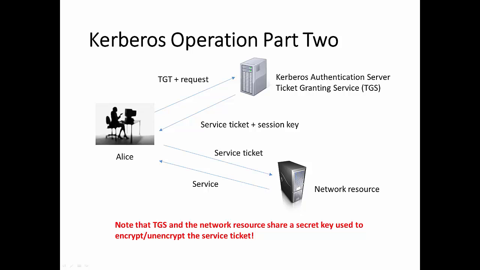Note that the ticket granting service and the network resource share a secret key used to both encrypt and decrypt the service ticket, and that's how the network resource is able to decrypt the service ticket and knows what kind of service Alice is requesting. And since Alice has the same symmetric key, the network resource knows Alice is a legitimate user. And that's how Kerberos works in general.